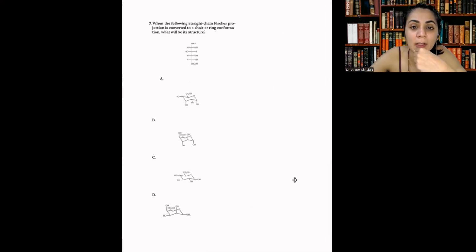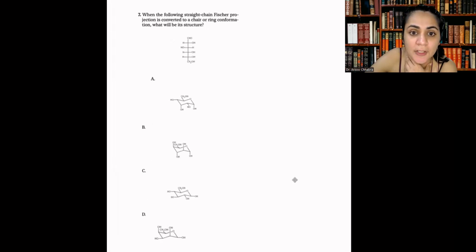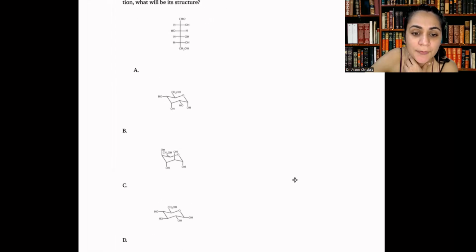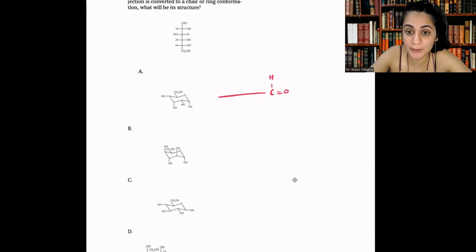When the following straight chain Fischer projection is converted to a chair or ring formation, what would be its structure? If you go about drawing out the structure, we have a CHO. What I like to do over here is tilt the molecule and make it horizontal.